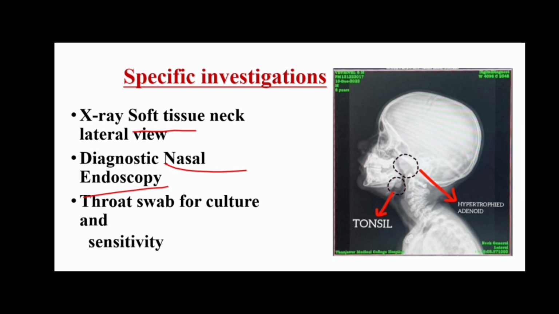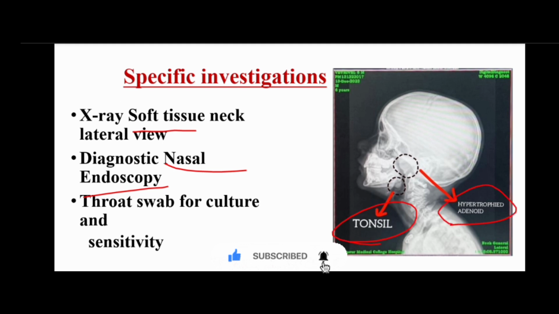And coming to specific investigation, in this patient we have to take a lateral view X-ray of the head and neck. We can clearly see the hypertrophied adenoid here, and the tonsil also.